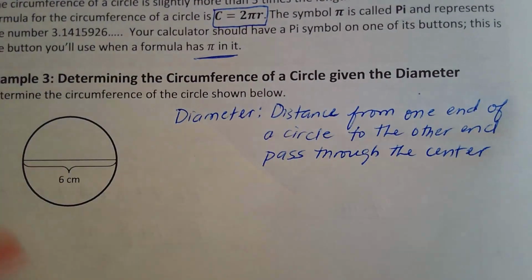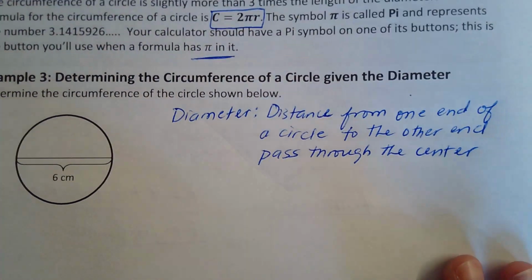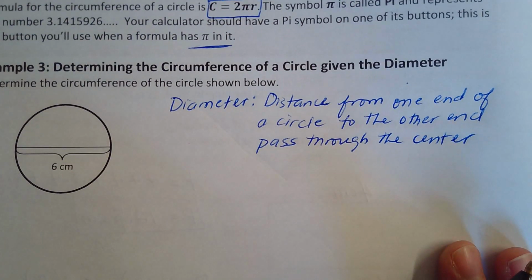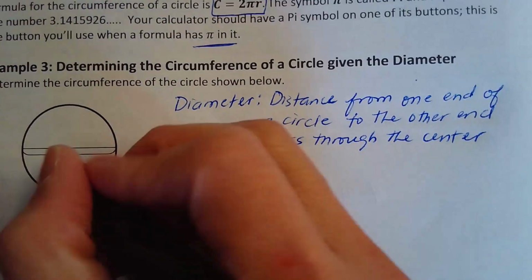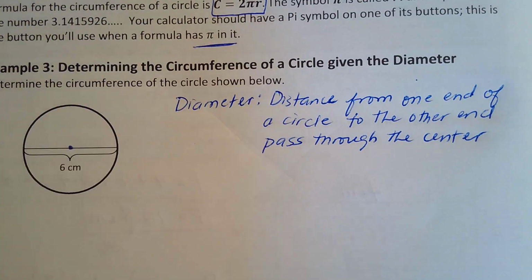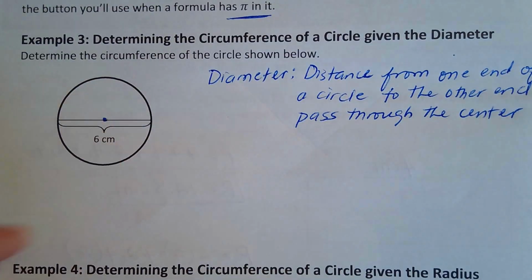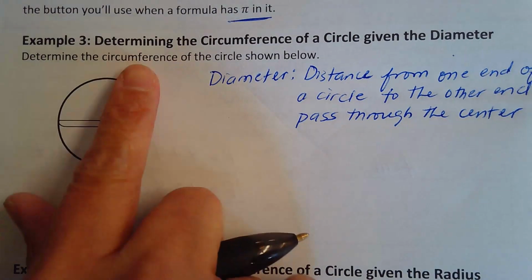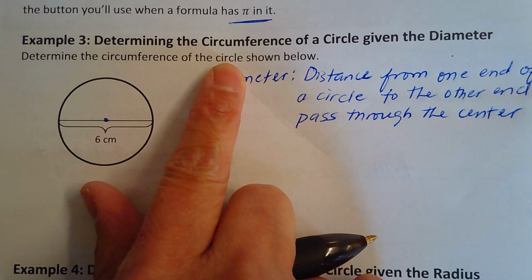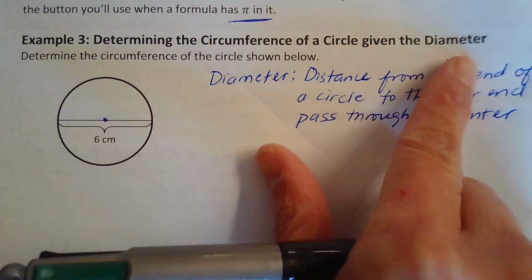That's a diameter. Good? So far so good? Yes, that's a diameter because the center is right there. So determine the circumference of a circle given the diameter.